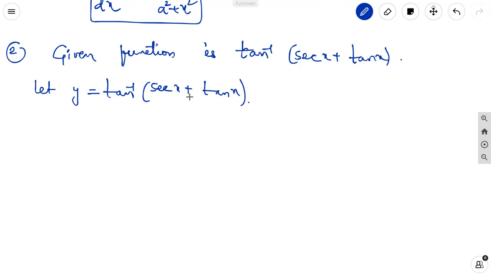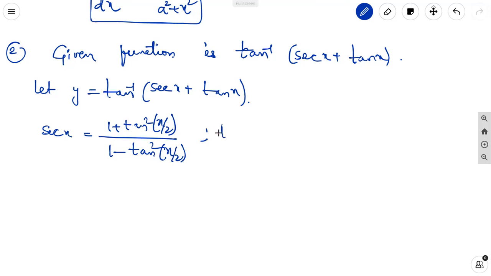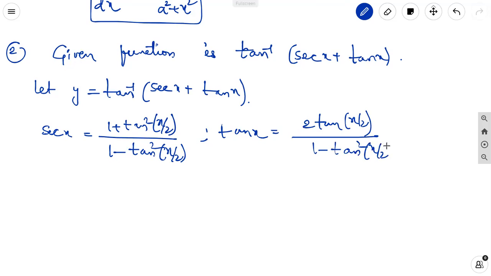Here secant x and tan x both are converted into some tan functions. Here secant x is nothing but, we know that secant x is nothing but 1 plus tan square of x by 2 by 1 minus tan square of x by 2, and tan x is equal to the tan 2x formula in tan, 2 tan of x by 2 by 1 minus tan square of x by 2.